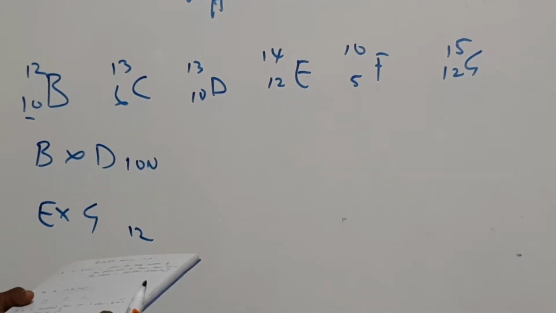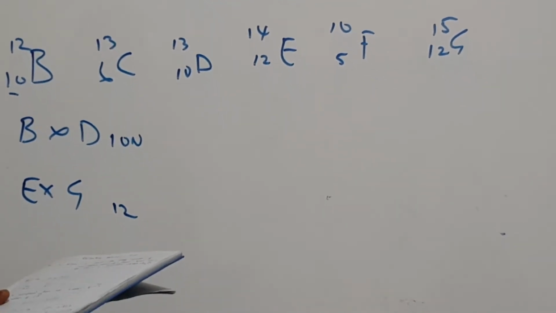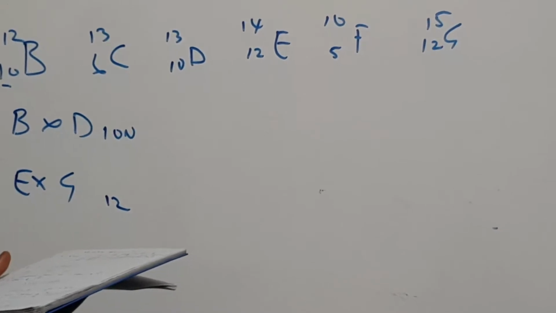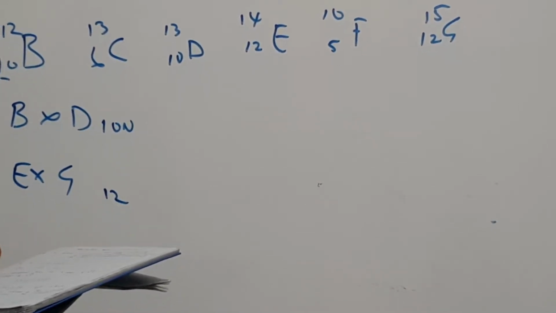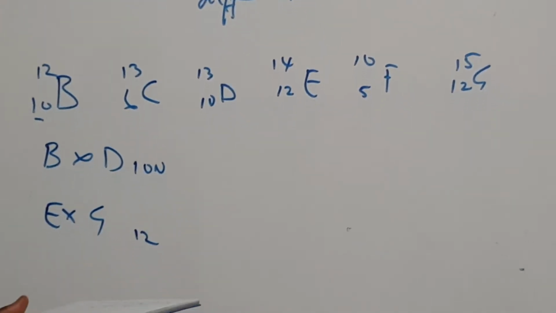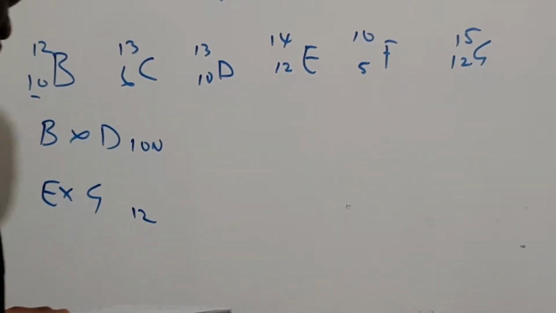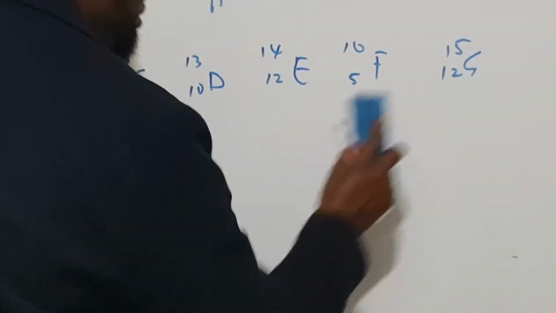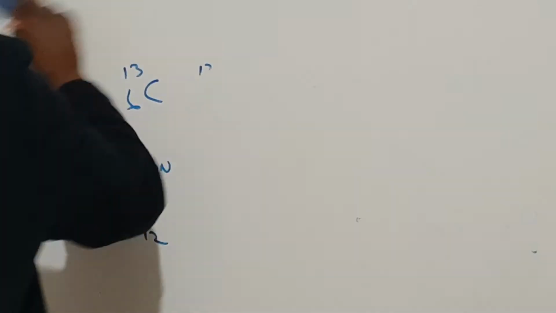Okay? Now, I give an example of relative atomic mass number. We give carbon. Mustafa, did you understand this? Yeah. Okay.